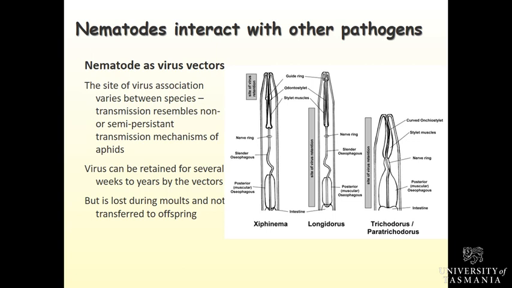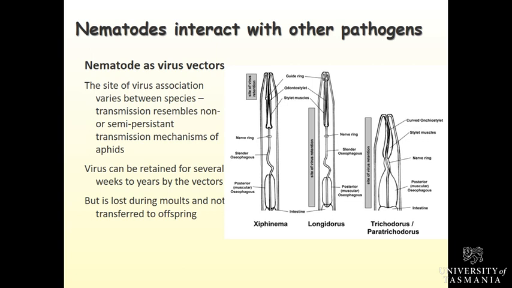If we look at the virus-vector association, just because we looked at this briefly with our aphids, these guys are a little bit similar to the non-persistent or semi-persistent transmission with aphids, where the virus binds to the mouth part, either in the stylet region or just below it.